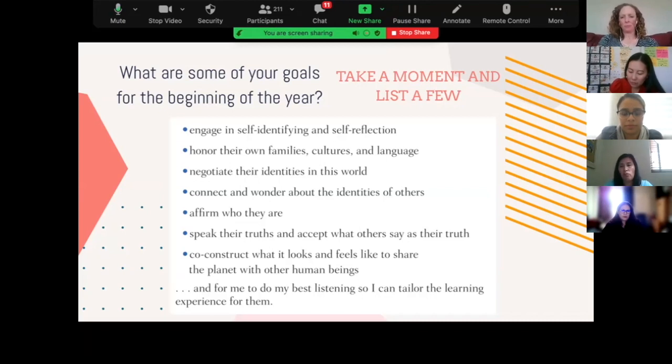And this is what they were: to engage in self-identifying and self-reflection, for students to be able to honor their own families, cultures, and languages, to negotiate their identities in this world, to connect and wonder about the identities of others, to affirm who they are, to speak their truths and accept what others say as their truth, to co-construct what it looks and feels like to share the planet with other human beings, and then a goal for herself: for me to do my best listening so I can tailor the learning experience for them.